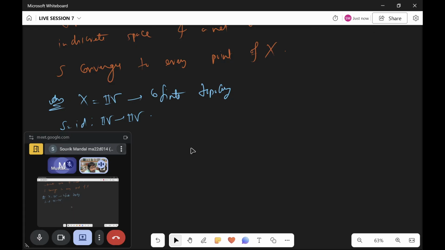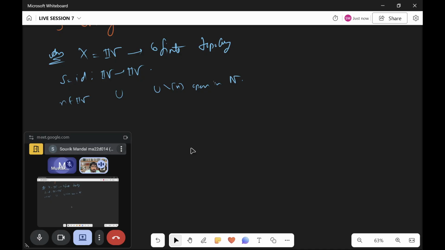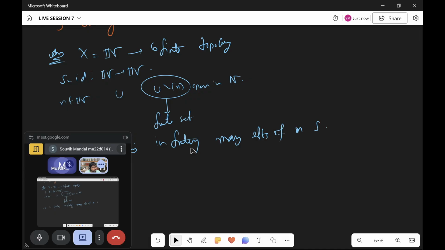Because if we take any point x_n belongs to N and take an open set U, then N minus U is open in N, right? But we are in the cofinite topology, that means this is a finite set. That is, U contains infinitely many elements of S. Hence we are done.